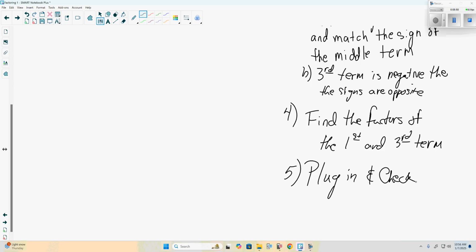So step 4 is to find the factors of the first and third term. And the last step is to plug in and check.